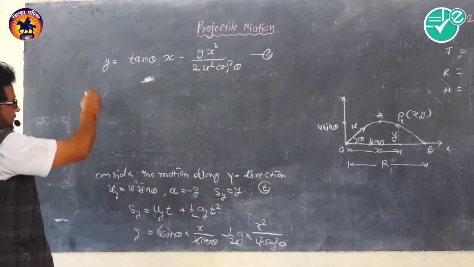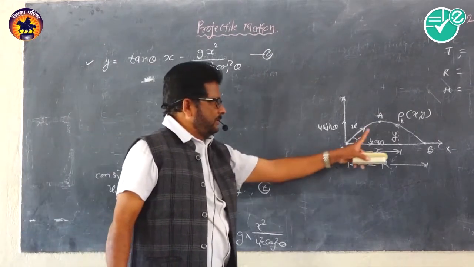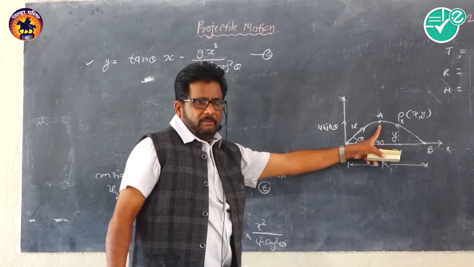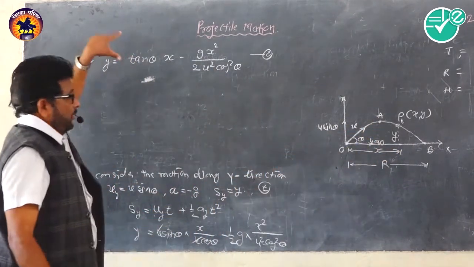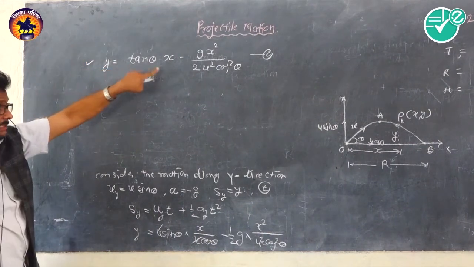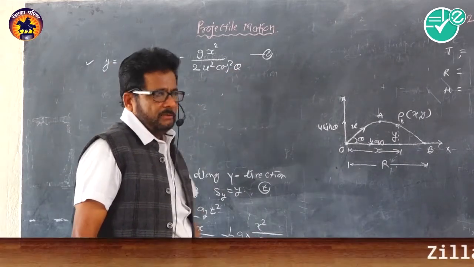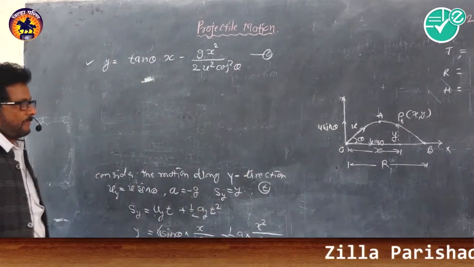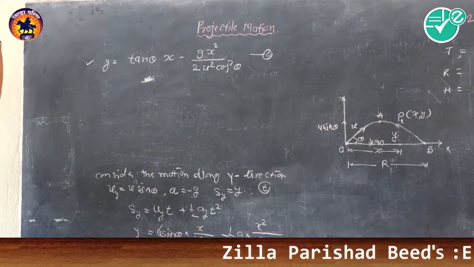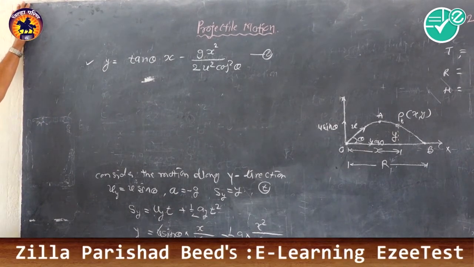This equation is called the equation of the trajectory, y equal to tan theta x minus g x square upon 2 u square cos square theta. This is the equation of projectile motion.